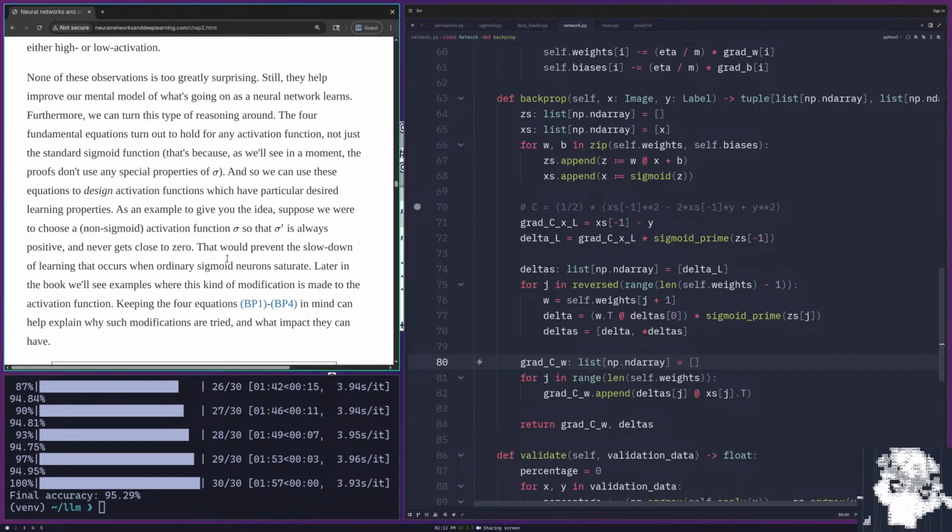And ReLUs do go up to positive infinity, which means their sigmoid prime is basically always 1 when the output's positive and 0 otherwise. Which means it keeps learning forever as long as the output is positive. Interesting.